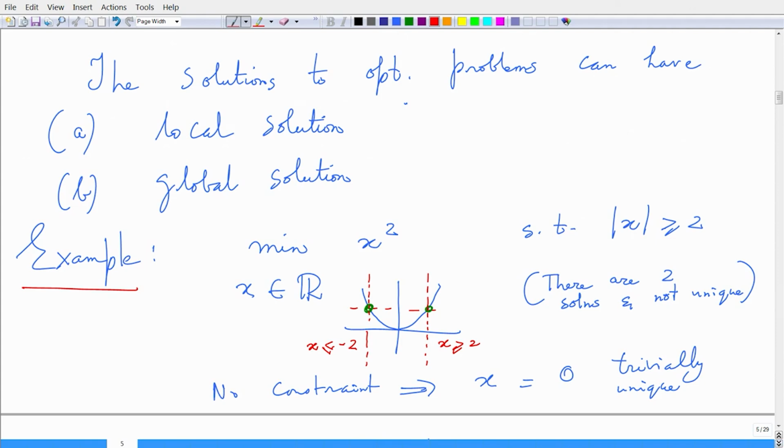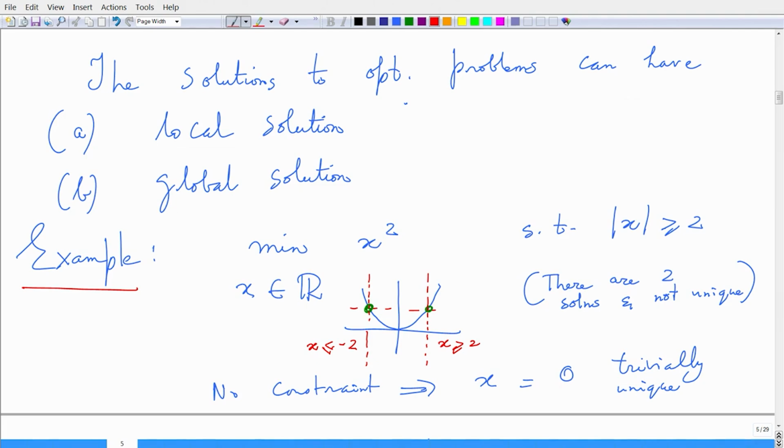Now, when we deal with solutions to optimization problems, we can have a local solution or a global solution. A good example is the following.